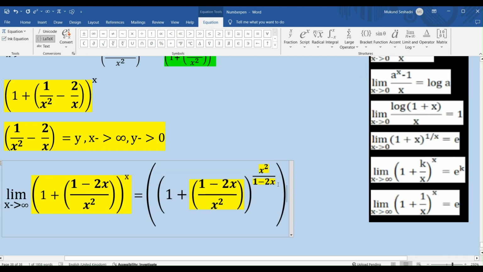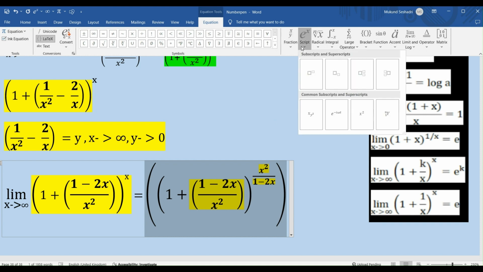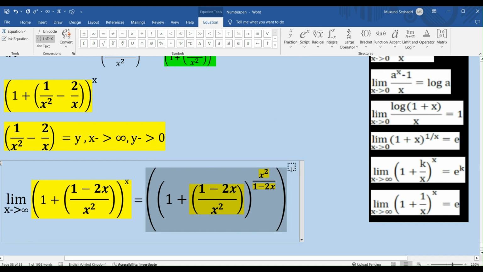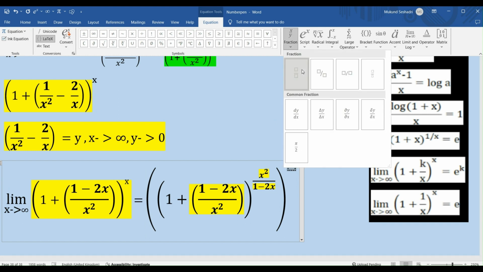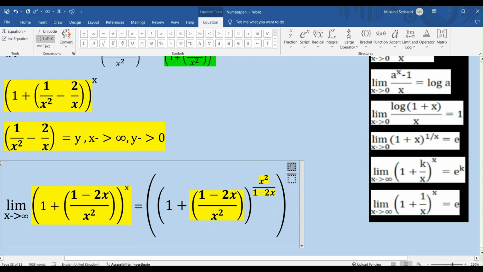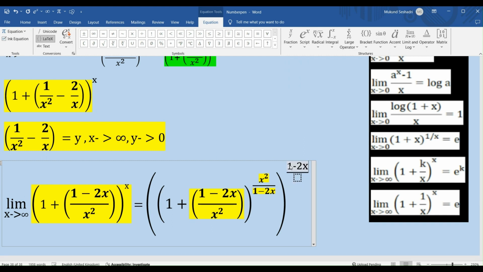So let me bracket this out, and then again I'll have to raise it to the power. And when I do it this time, remember I have my x with me, right? That's where we could possibly go wrong in these problems, right? So I have my 1 minus 2x divided by x square, right? And when I write my x square, I also have my x here, right?